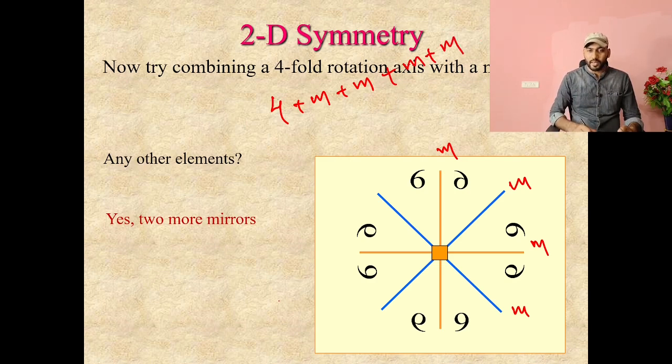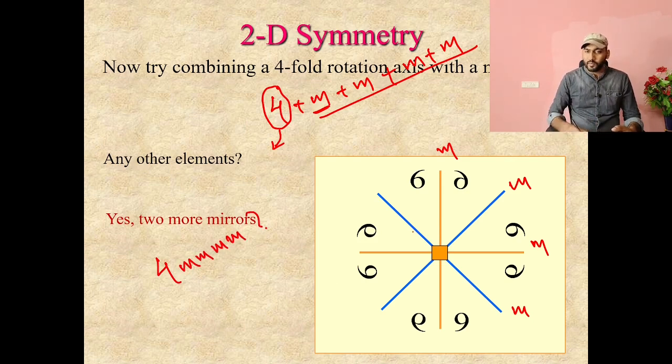Means 4 mirror planes. One fourfold rotation axis we combined with one mirror plane, but it resulted in one fourfold axis and 4 mirror planes. So what will be the name of the point group? Is it 4 m, m, m, m? No. Here it is 4mm.